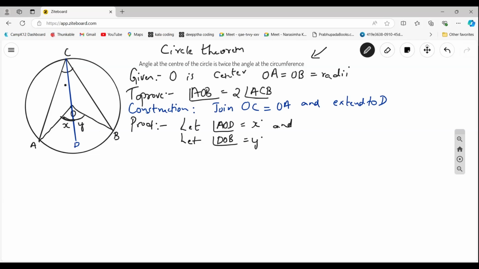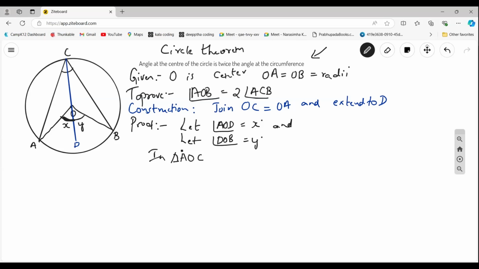Now, what happens if you see, because of this construction, we have got two triangles. This side is one triangle, this side is another triangle. So we're going to take one of the triangles. In triangle AOC, what is happening? This angle X is outside this triangle and it has been extended from one of the sides, right?